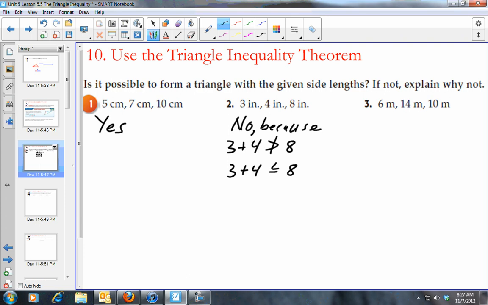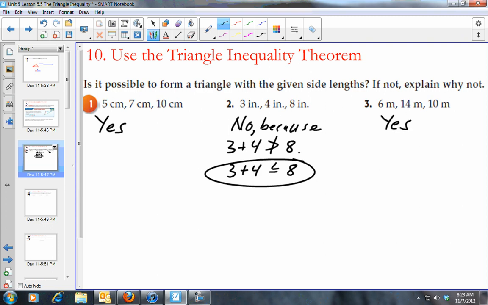But I want to drill into your head, though, it's the two shortest must have a sum greater than the third. So it's the fact that that doesn't happen that makes us say no. Now, that is equivalent to saying not greater than. But make sure you put the or equal to on there, okay? So, got that. All right, then what about number 3? Yes or no? That'd be yes.